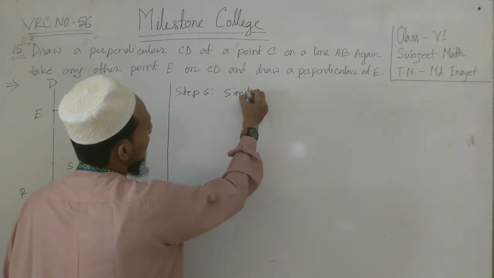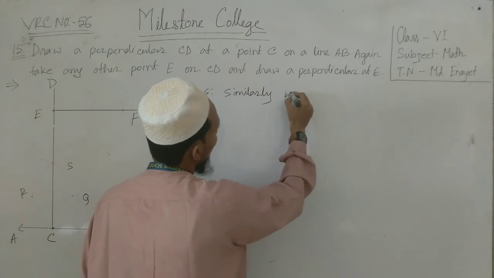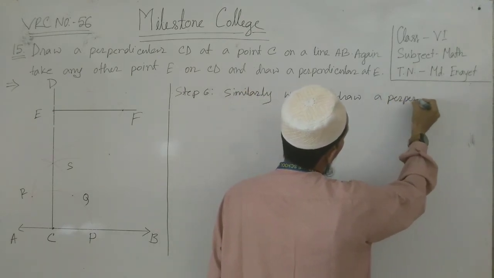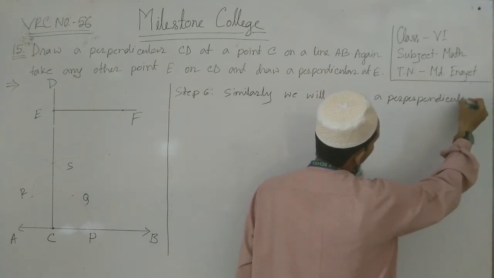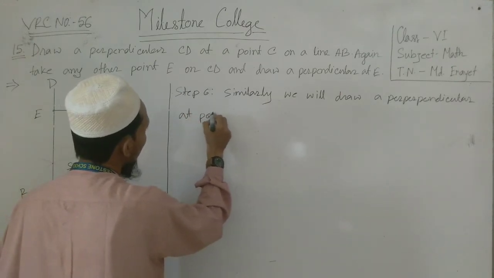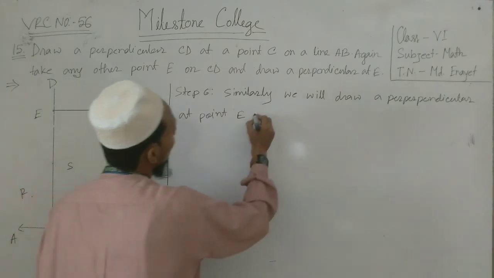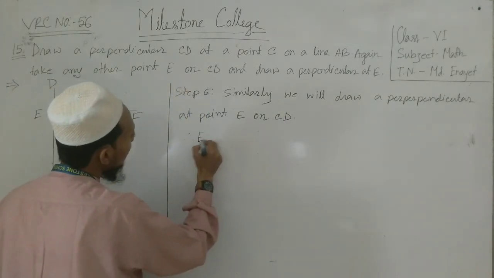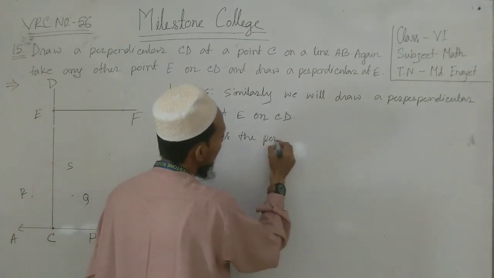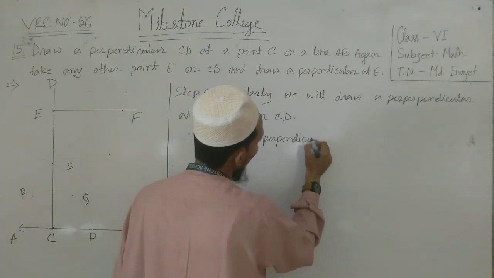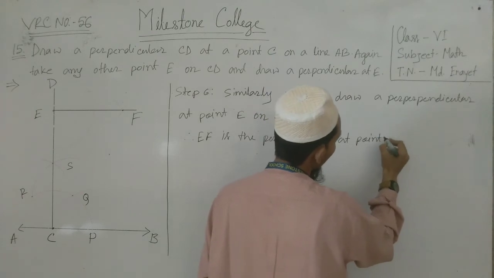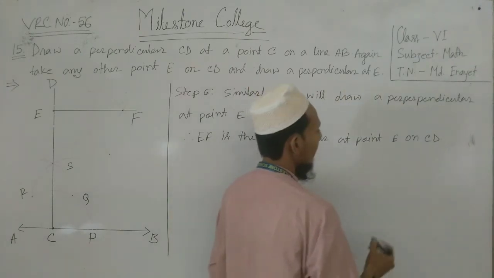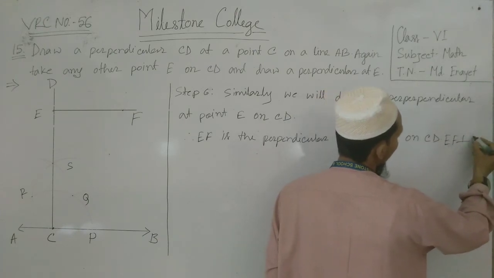Similarly, we will draw a perpendicular at point E on CD, that is EF is the perpendicular at point E on CD, that is EF perpendicular CD.